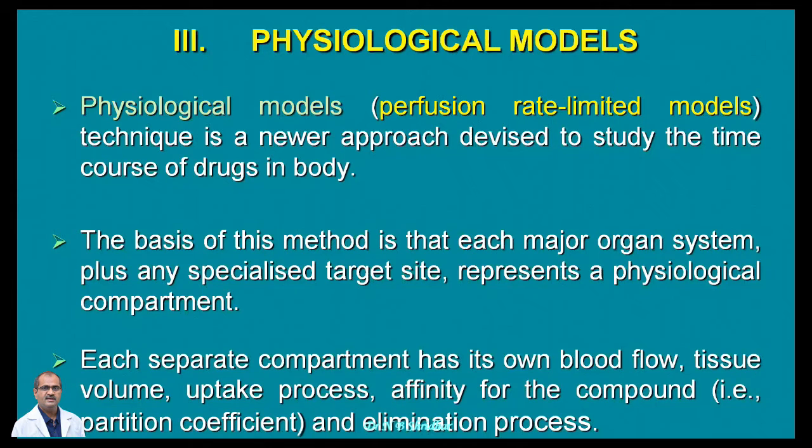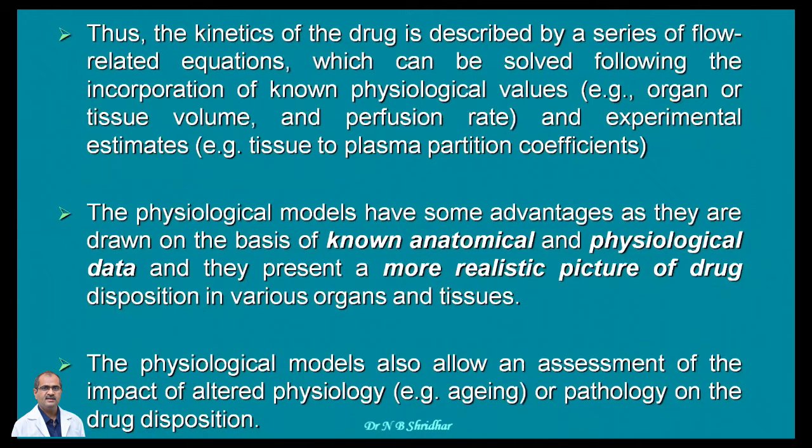Each separate compartment has its own blood flow, just like earlier it is told. So that's why the kinetics of the drug is described by a series of events and flow related equations which can be solved following the incorporation of the known physiological values, for example organ or tissue volume and perfusion rate, and experimental estimates, for example the tissue to plasma partition coefficient.